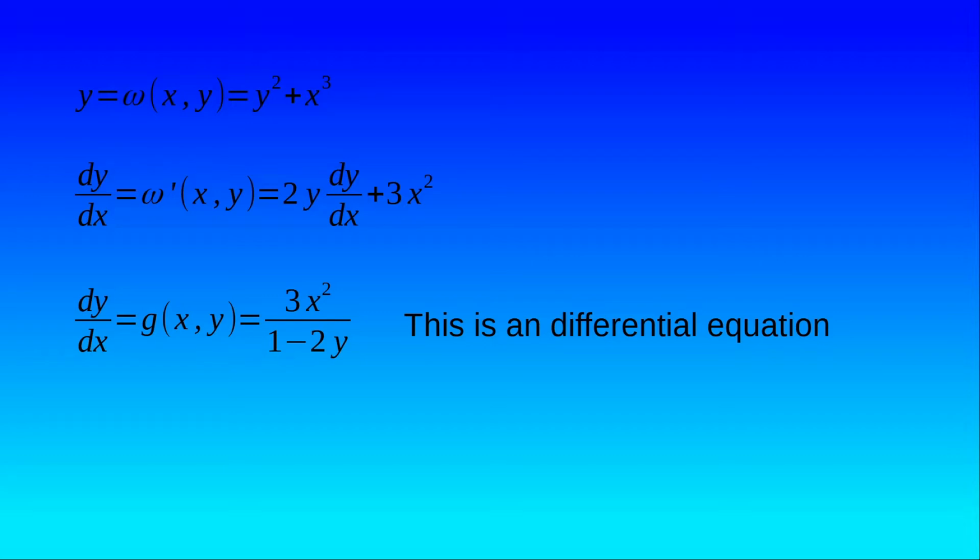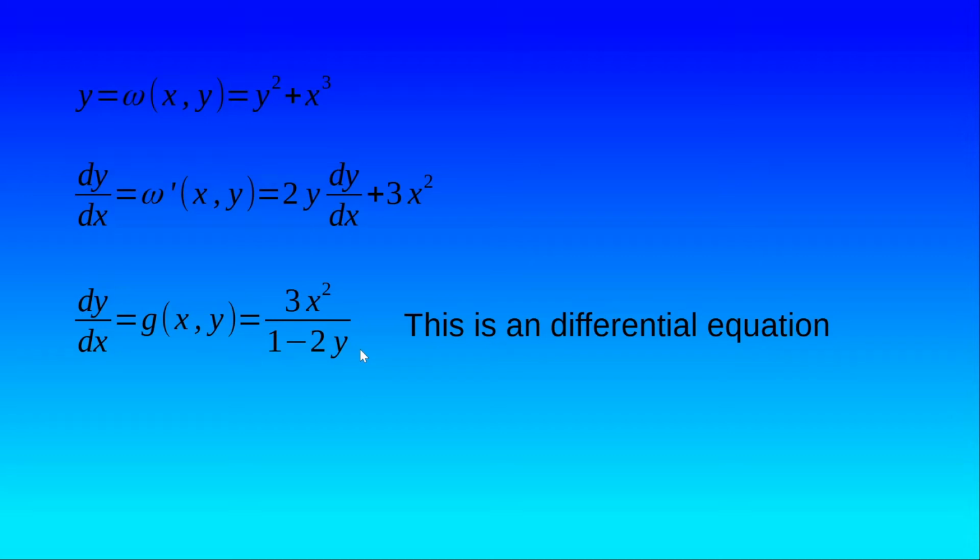Whenever you write a dash over a function, you actually say it's the first differential. So that will be equal to 2y dy by dx plus 3x square, and rearranging we get dy by dx is equal to g of x y, where g of x y is the function 3x square over 1 minus 2y. Now this is the differential equation.